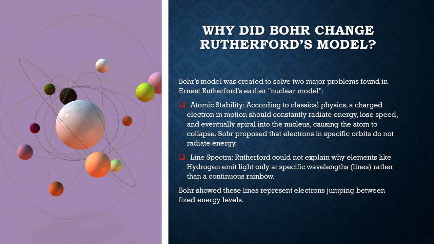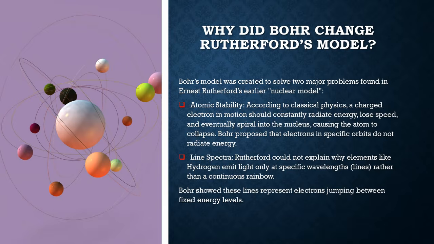Another thing is that Rutherford could not explain why elements like hydrogen emit light only at specific wavelengths rather than a continuous rainbow. Now, in the course of our study, we shall look more into this. That is, we'll be doing line spectra and continuous spectra. Now, we are going to learn about hydrogen emission spectra.